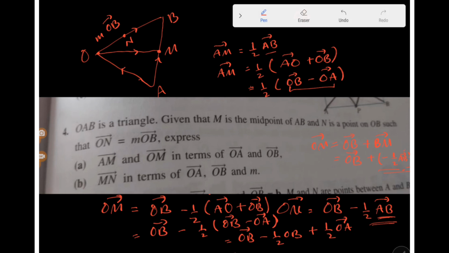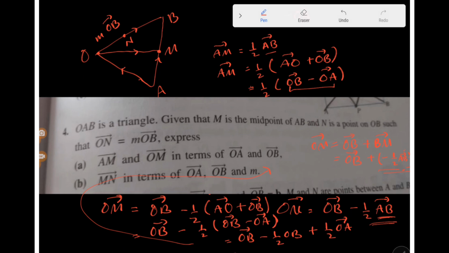And our final answer therefore will be, sorry, this is kind of a mess, but I believe you can still follow my handwriting.